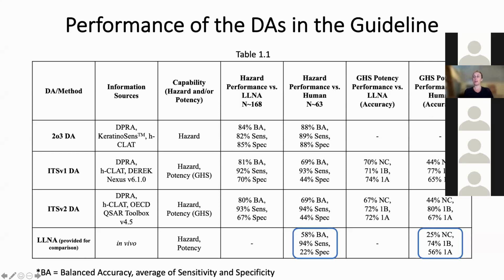And then in the last column, you see the GHS potency performance for both of the ITS defined approaches in terms of a class-wise predictive performance compared to the LLNA. And in every case, the defined approaches are equivalent or better than the LLNA in predicting that human reference endpoint.